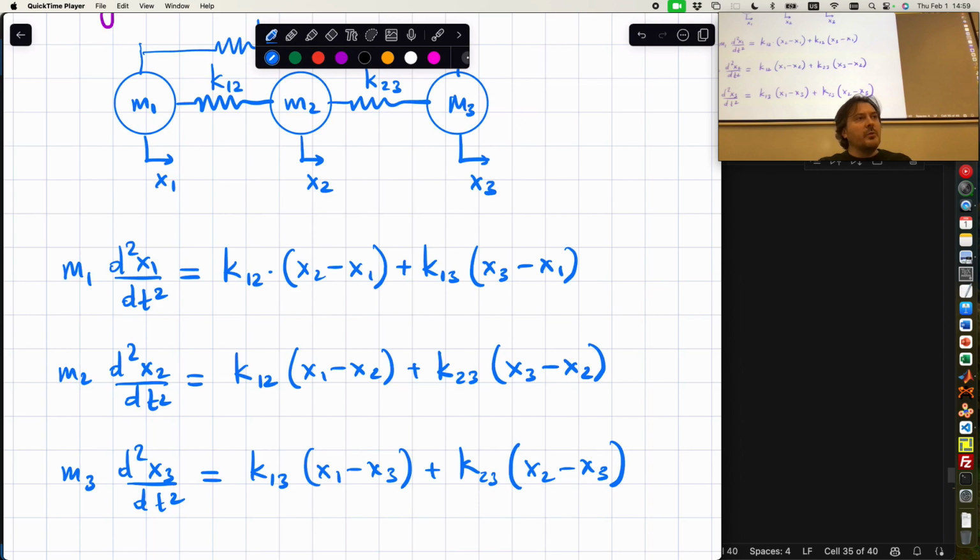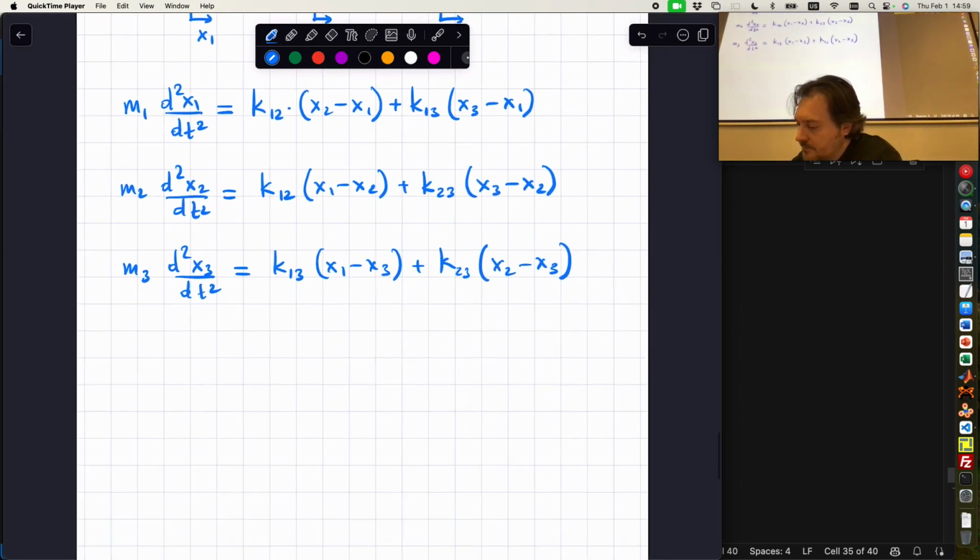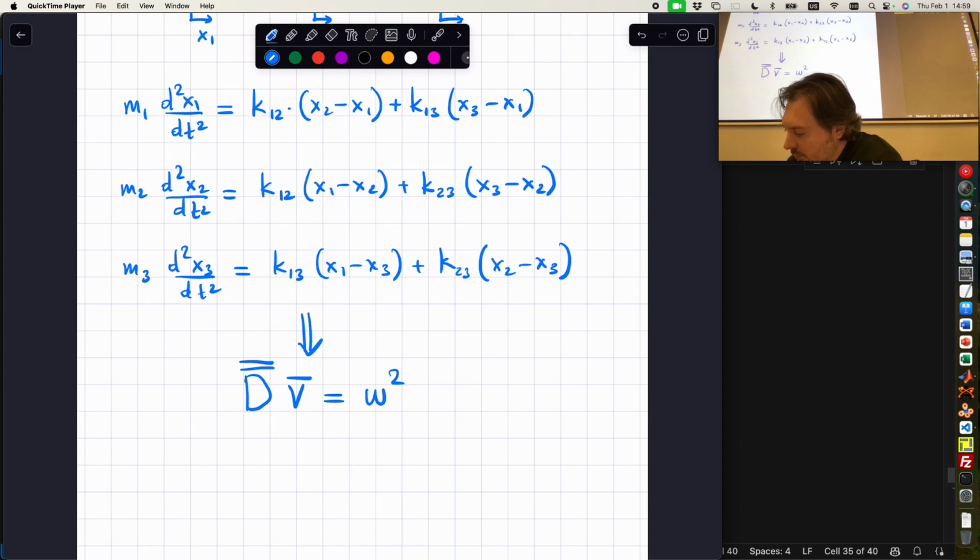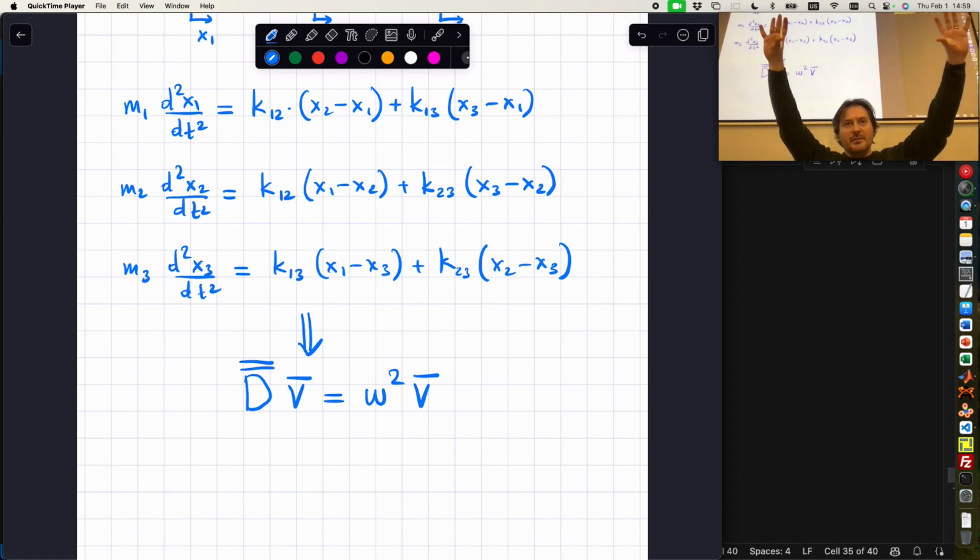Now, what I want to do is to go from here to something that looks like this. An eigenvalue equation. I want to start from this set of equations and arrive at an eigenvalue equation. Have you heard of eigenvalue equation?